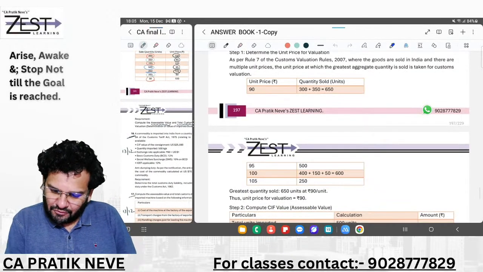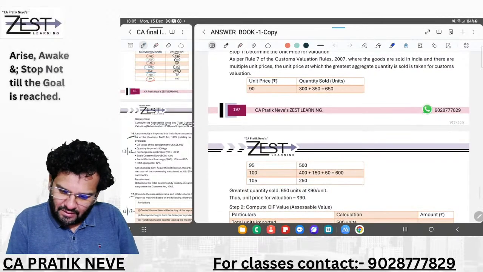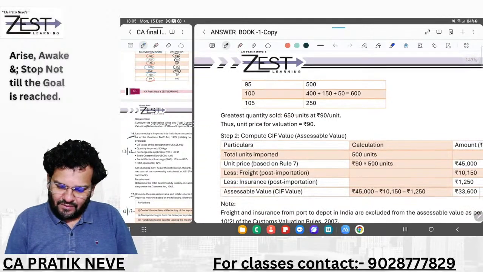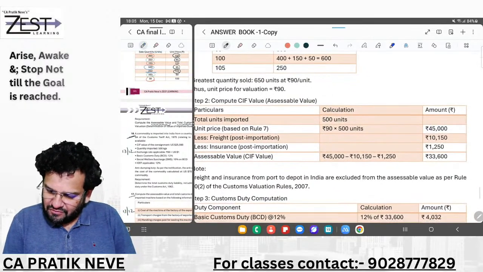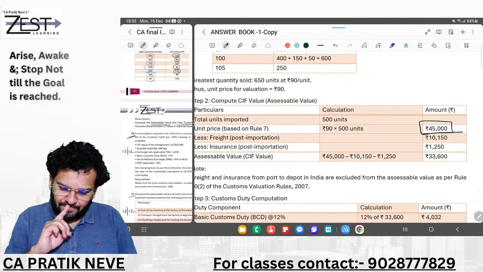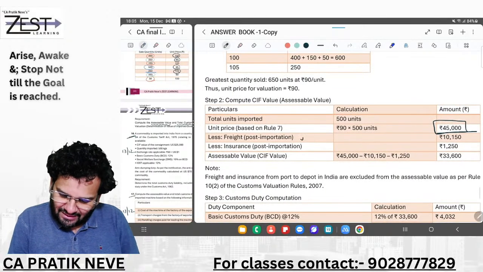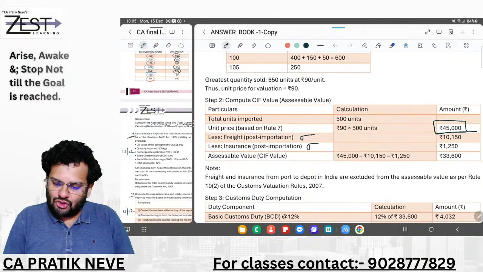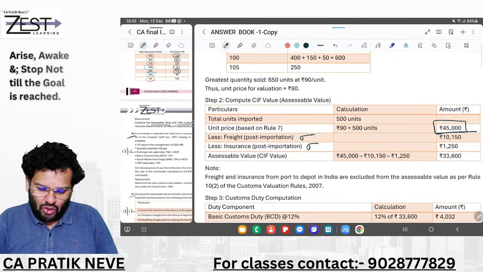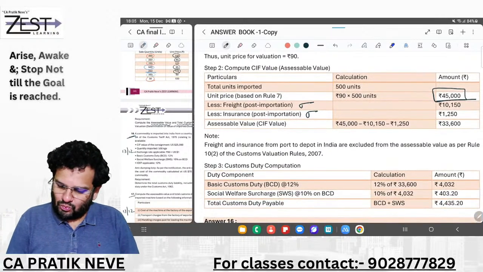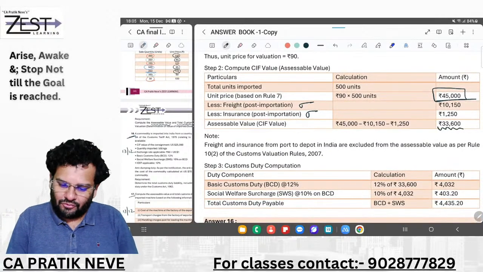So see, 650 units at rupees 90. So 45,000 you got. Then you subtracted what? You subtracted freight and you subtracted insurance. You got assessable value. Is it clear to all of you?